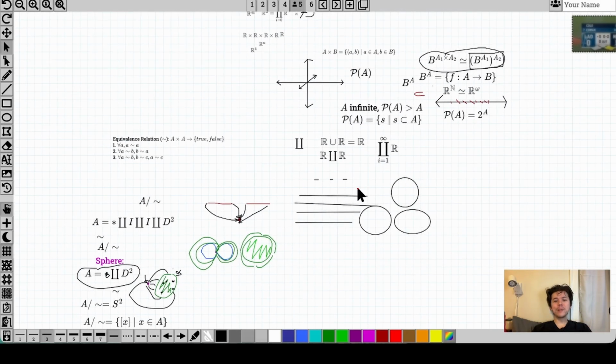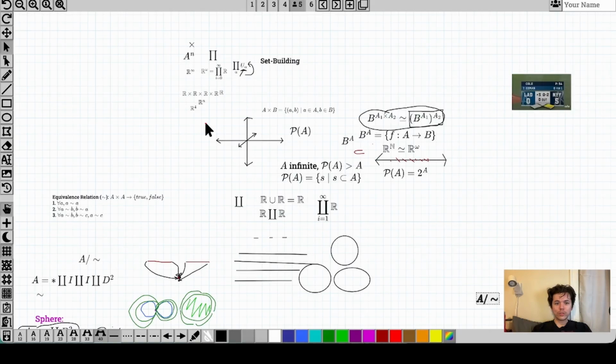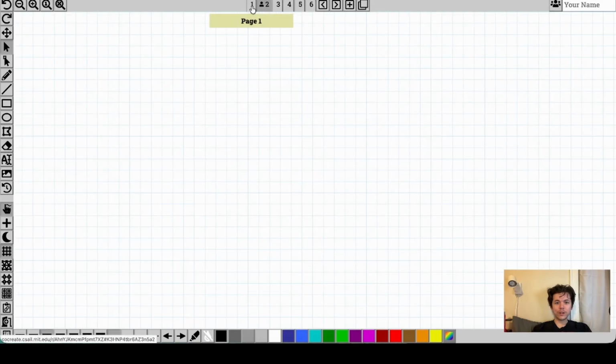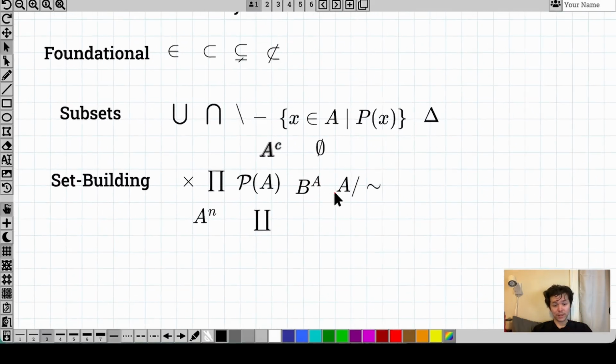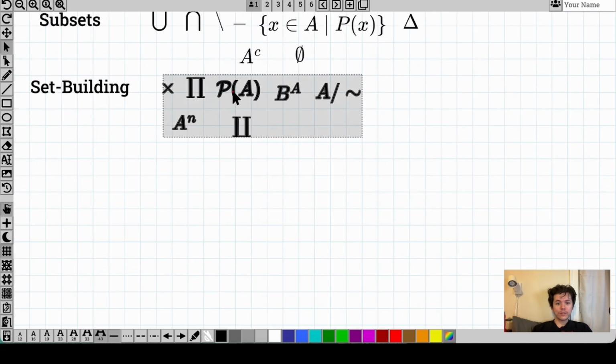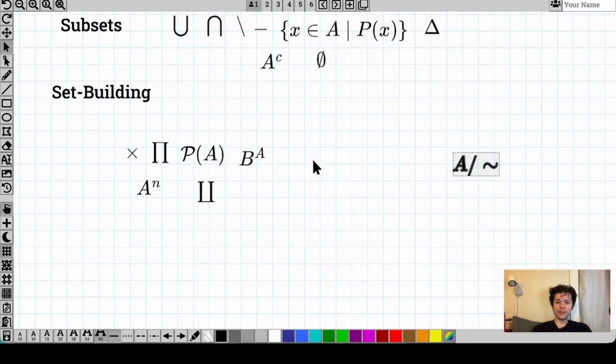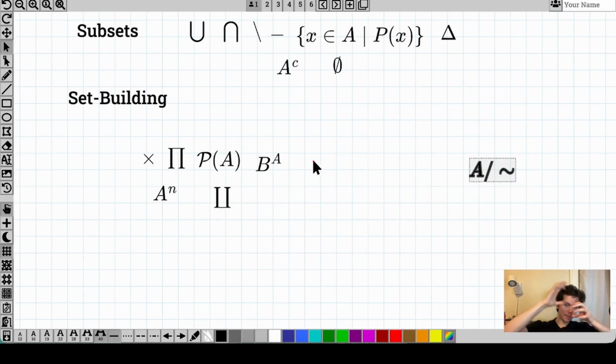But the process of set building is really two steps. It's really most of these set building operations. I'll actually go back to the first page. Almost all of these operations are kind of like you start with some clay and you're putting lumps of clay together. You're making bigger and bigger sets. You're taking products, you're taking disjoint unions, you're adding clay.